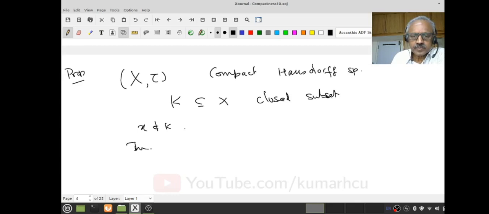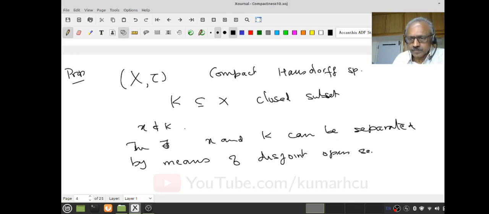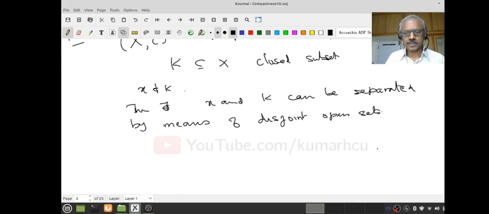Then x and K can be separated by means of disjoint open sets. Do you understand what this means? That is, there is an open set U containing x, there is an open set V containing K, so that U intersection V is empty.